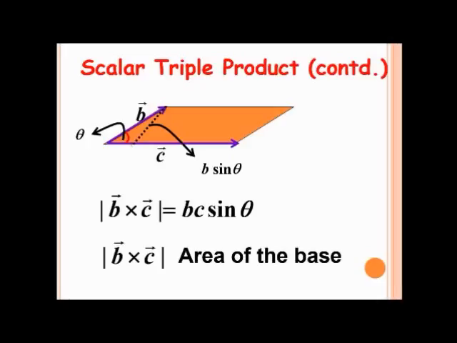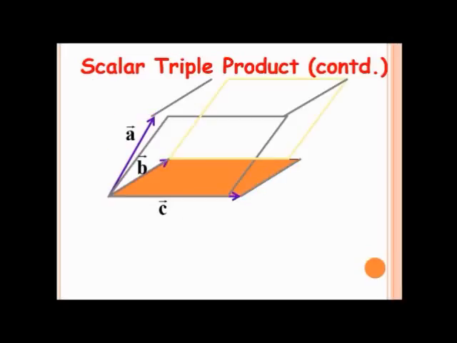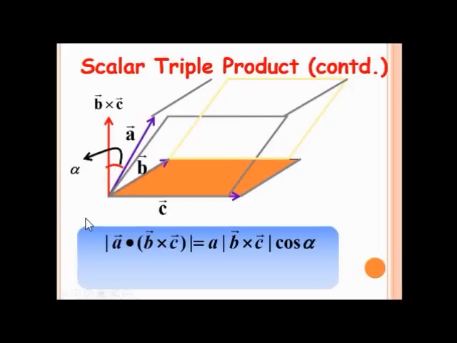Now in this case also we will proceed in the same manner. Suppose we are having two vectors B and C, and the area will be given as BC sin theta. This is the area of the base. Now we have the resultant B cross C, and again we have another vector, that is A, and this A makes an angle alpha.